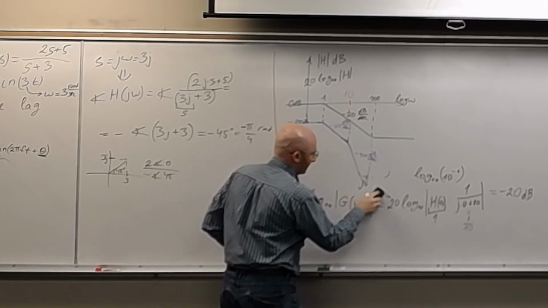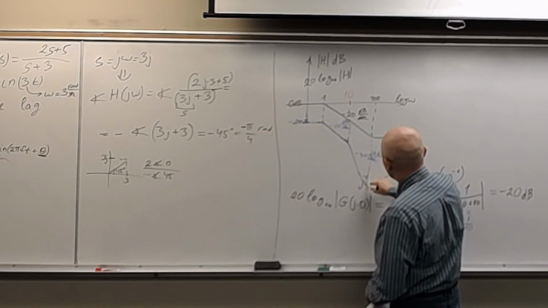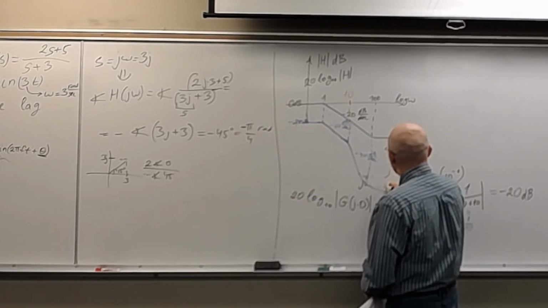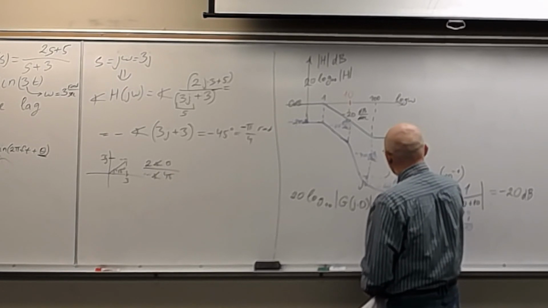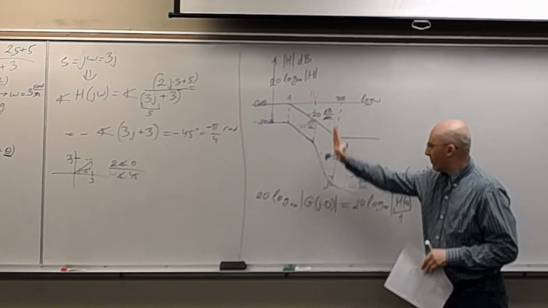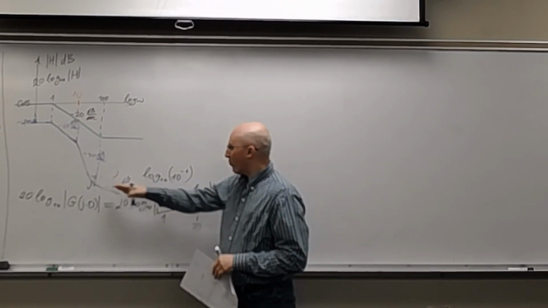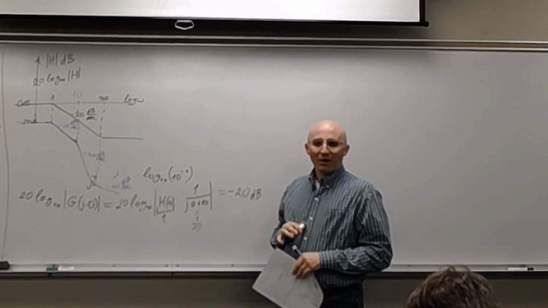Better drawing. So it's minus 40, and then back to that slope, and continuing forever that way, going down.